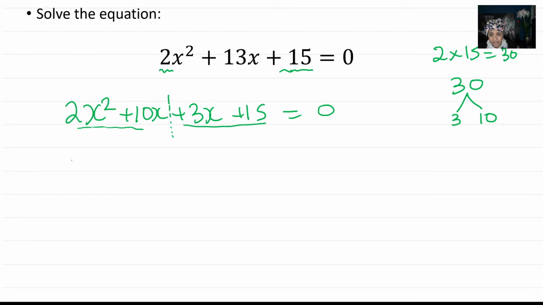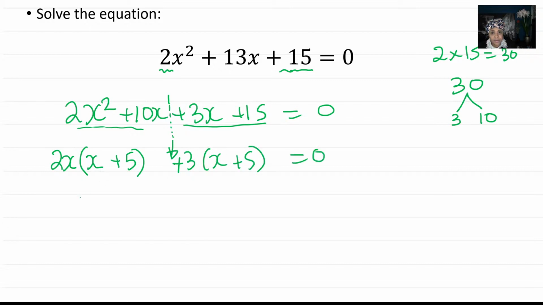So like I say, we've done this, so I'm going to speed up a little bit. So we have 2x here and then x inside here, plus, to get 10x I need a 5. Don't forget to bring the plus down here. So it's plus and then it is 3 and then x plus 5 and then that's equal to 0.